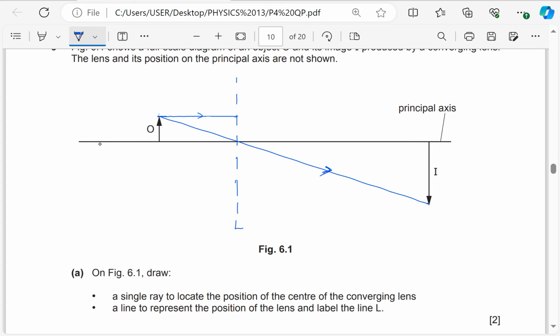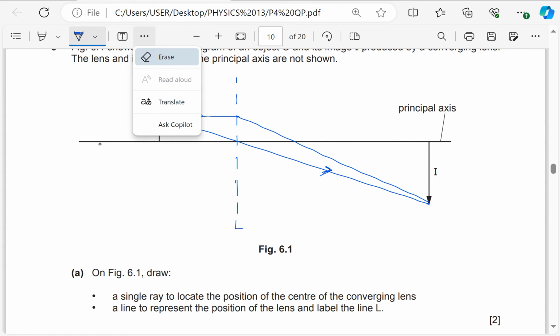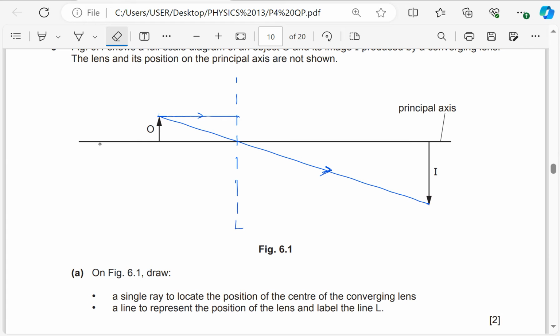A ray parallel to the principal axis converges through the principal focus. So these rays, of course, meet at the point where the image is formed. So I must converge this ray up to where the image is formed. That's a very poor ray because it's not meeting at the tip.